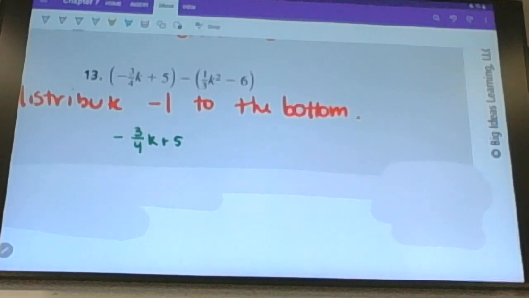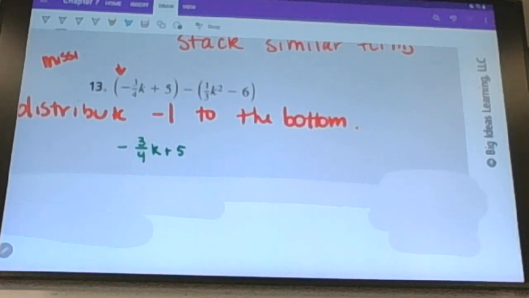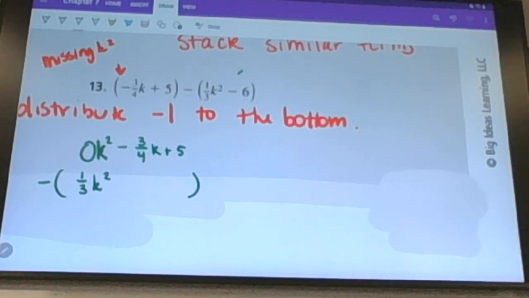Alright, so this one is missing k squared, so I'm actually going to do 0 k squared so I can line this up. So this is 1/3 k squared. This one's missing regular k, so I'll put 0 k minus 6. It's important that k squared is over k squared, regular k is over regular k, constant over constant.